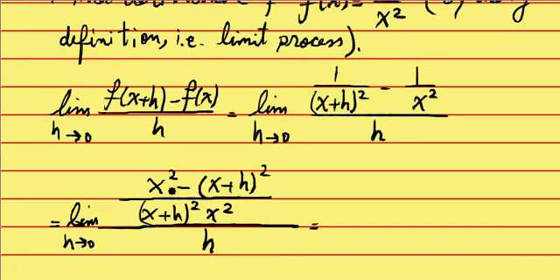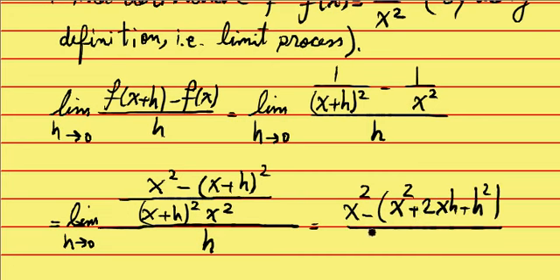Now I go ahead and open the numerator and also multiply these items. x squared, the second item I still have to keep the parentheses. Denominator, I just list them all together: h times x plus h squared times x squared. Again, I forgot: limit of h going to 0.